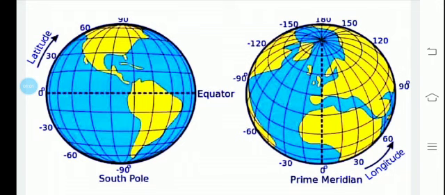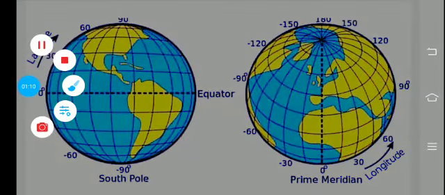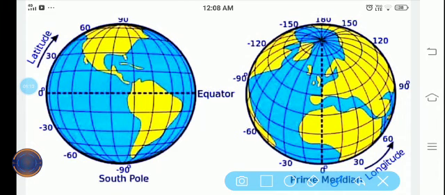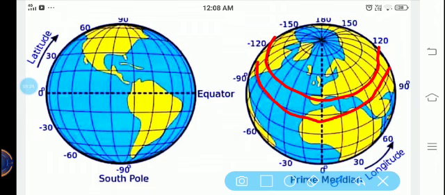As you can see here in the picture, these lines run from east to west directions. They make a complete circle, so they are called the lines of latitudes.